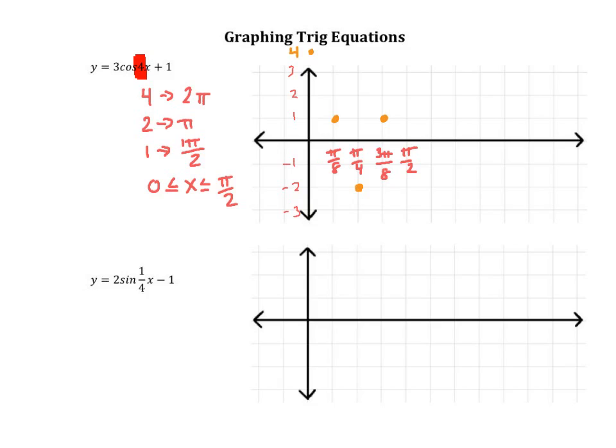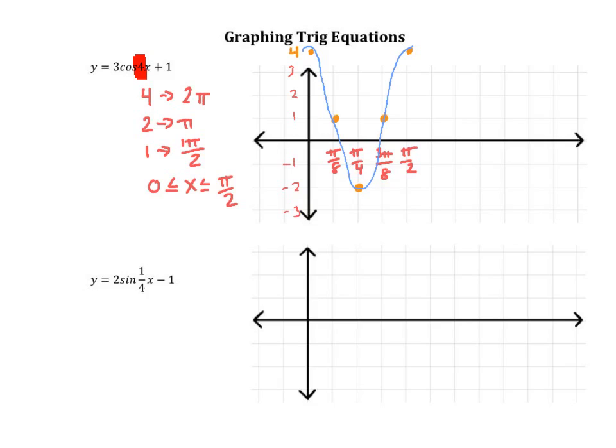And finally, the last point in a cosine graph is going to be at 1. So 1 times 3 is 3, and then 3 plus 1 is 4. Now I am going to connect the dots to form my cosine graph. And that is one period of a cosine graph for that equation from 0 to pi over 2.